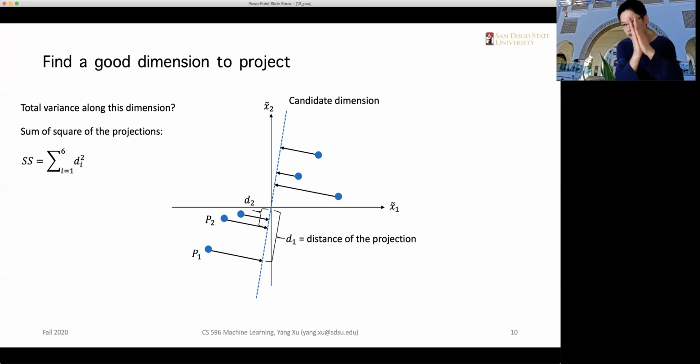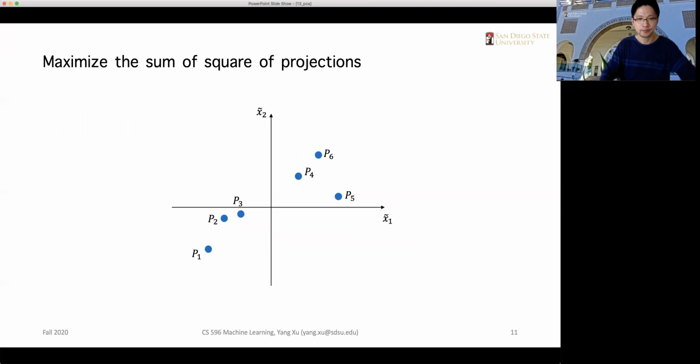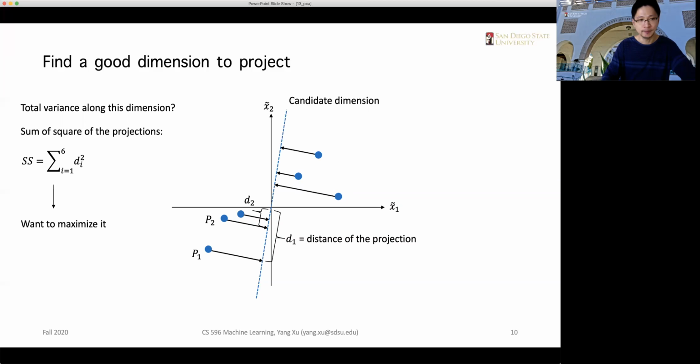Different angles of the dimension will result in different SS. And our thought is that we want the SS to be as large as possible, so that the data points spread across the dimension more. So we want to maximize this quantity, this sum of squares.